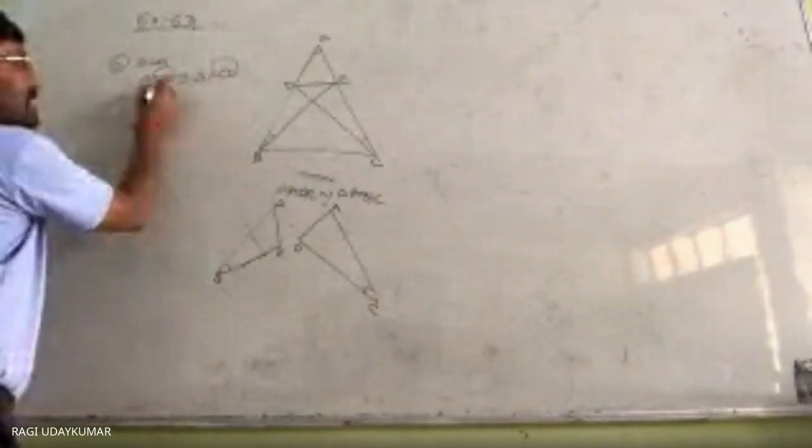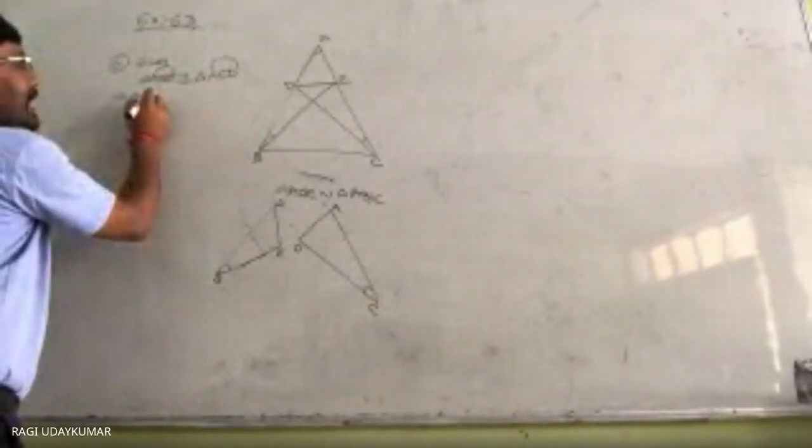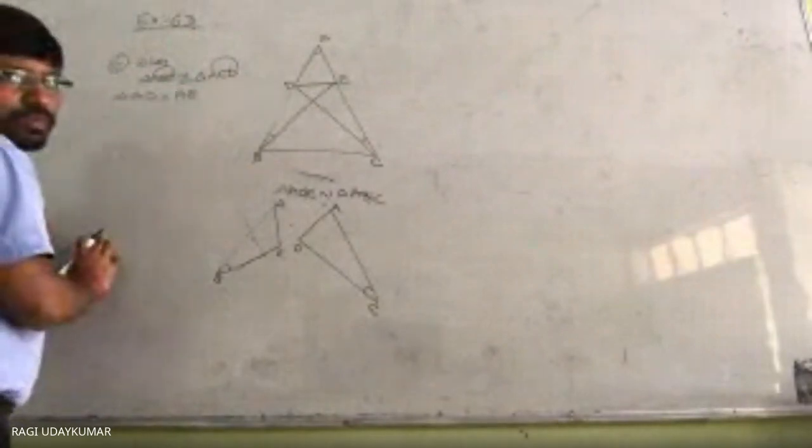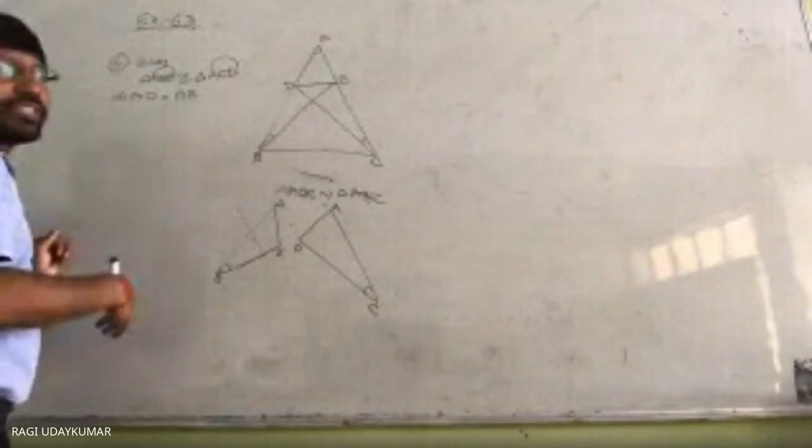So since these two are congruent, you can say that AD is equal to AE. We will use it in the next step.